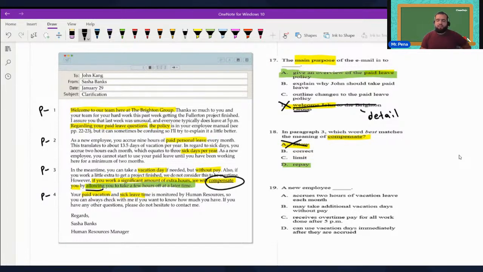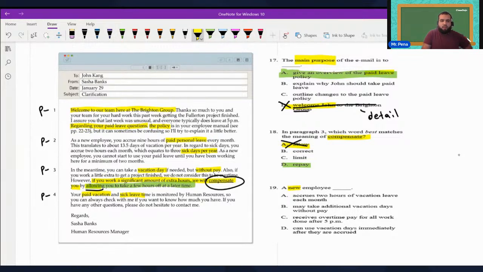Now, number 19, the third question of the night of the study guide. A new employee accrues 2 hours of vacation leave each month, may take additional vacation days without pay, receives overtime pay for all work done after 5 p.m., can use vacation days immediately after they are accrued. We have to look for the word new.